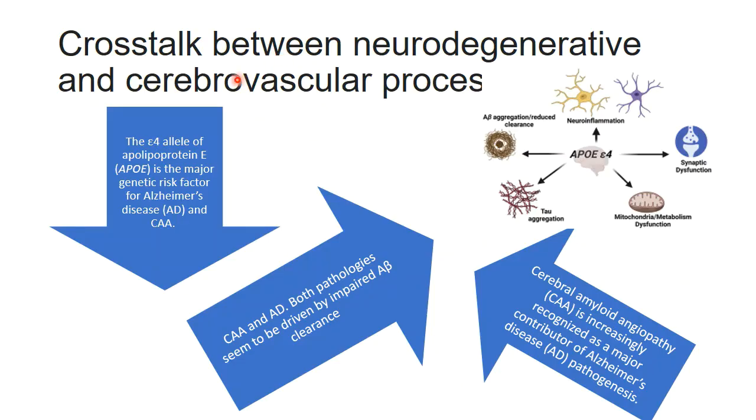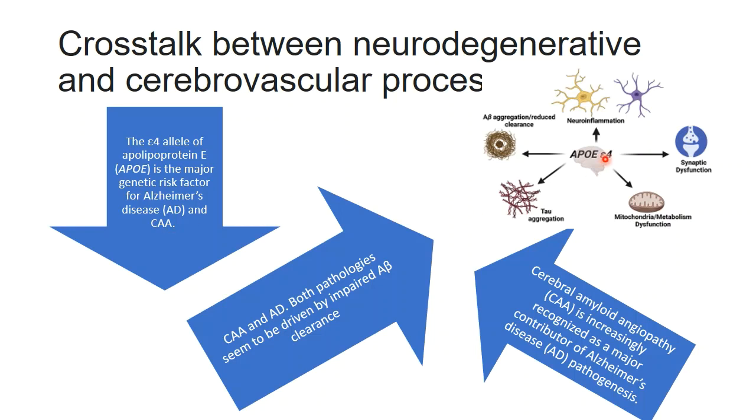Now, coming to a crosstalk between this neurodegenerative disorder, that is the Alzheimer's disease, and this cerebrovascular process that is happening, that is the cerebral amyloid angiopathy. There is always a link between these two. You know why? This is because it's been found that apolipoprotein E4 allele is a major risk factor, not only for Alzheimer's disease, but also for cerebral amyloid angiopathy.